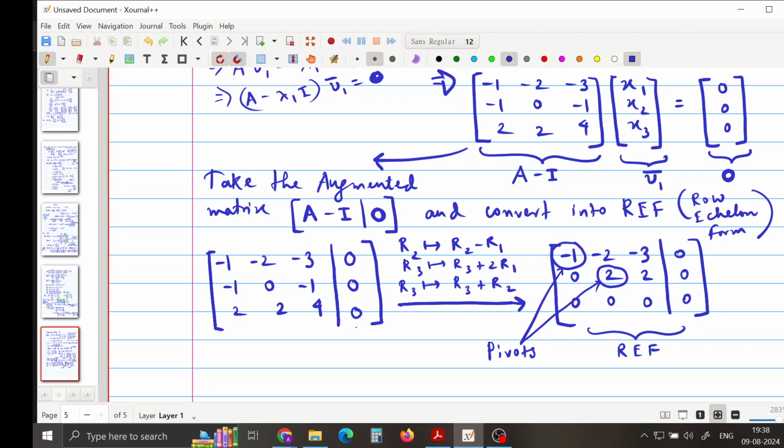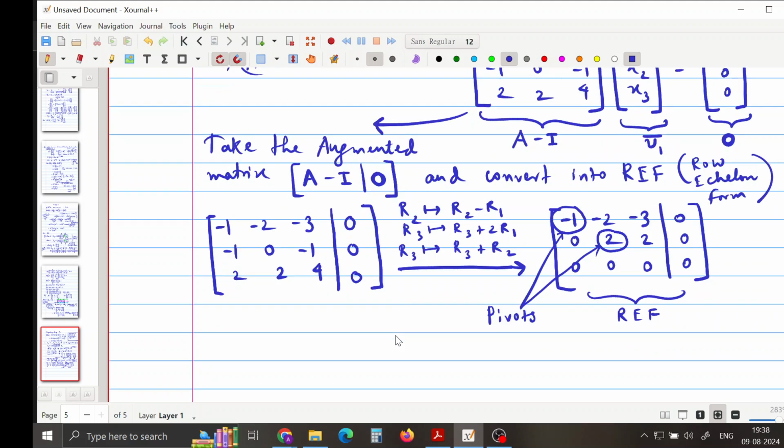So as you go downwards, the pivot should shift to the right of the previous pivot. That's another criterion. So this is the row echelon form, and now, can you tell me the system of equations from this row echelon form of the augmented matrix?